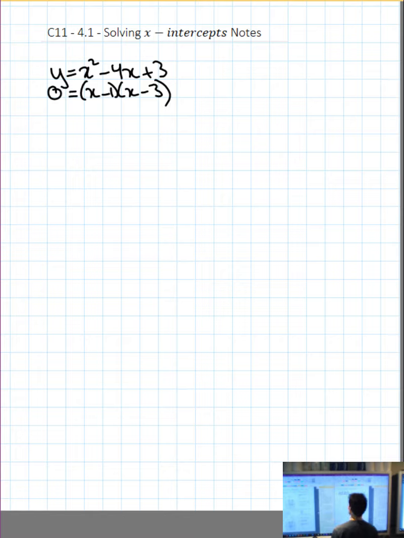Graphing review. Now, if we're multiplying two things together, a and b, to get 0, then we know that each one of them can be 0 separately. So a could be equal to 0 or b could be equal to 0.